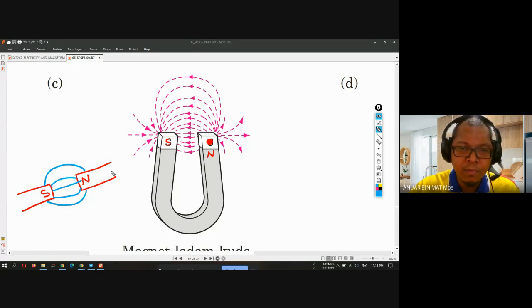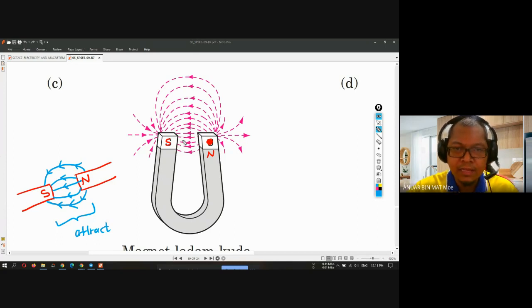Make sure you remember it starts from north and then goes to the south. So the arrow will be like this. It means the magnetic force is attracting because it has different polarity. Different polarity will attract. So you draw the magnetic field line like this. This is what we call a horseshoe magnet.